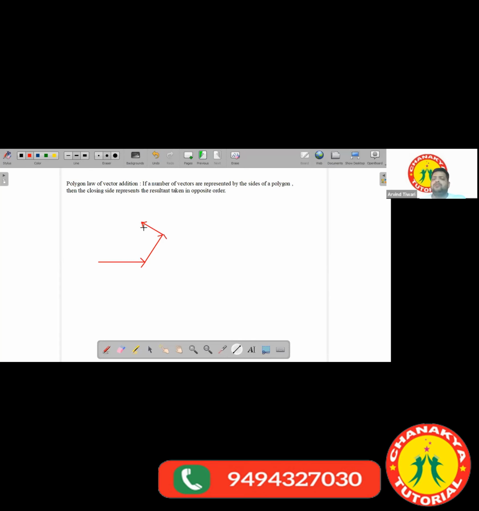The closing side would be taken in opposite order here. So this is the closing side taken in opposite order, and now it represents the resultant. So it holds for any polygon. Any polygon means even if there are four vectors, five vectors, you can get the resultant.